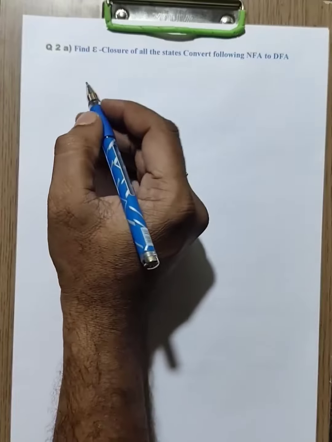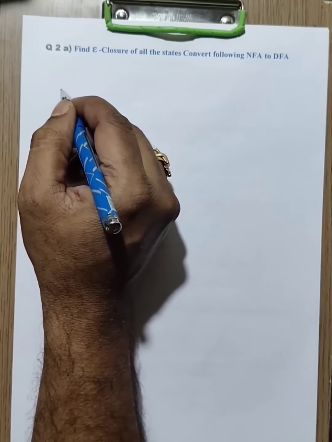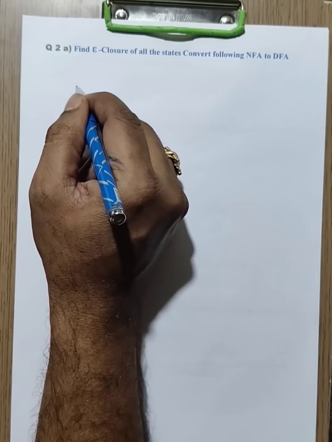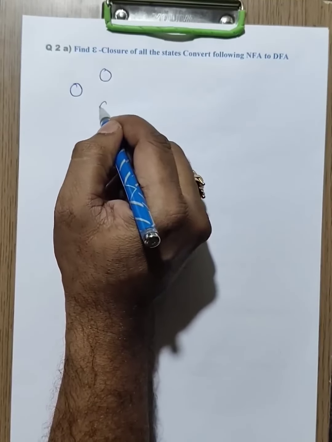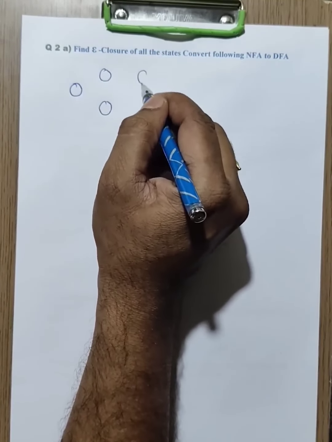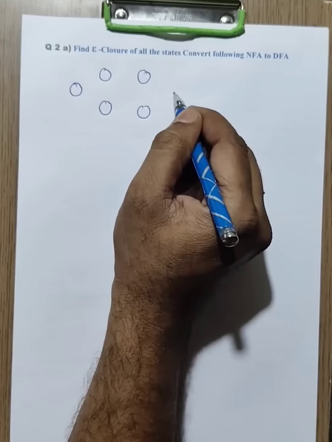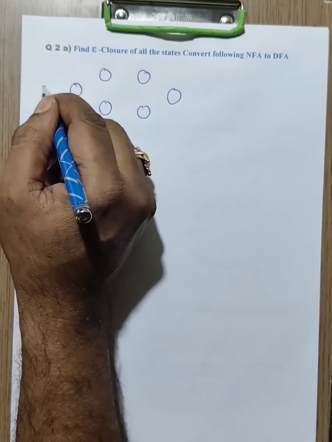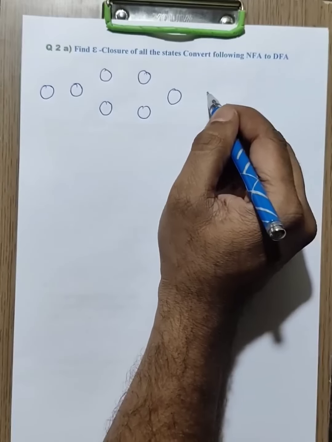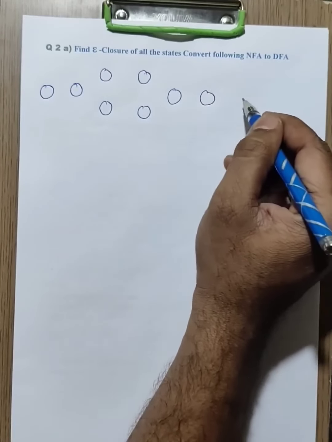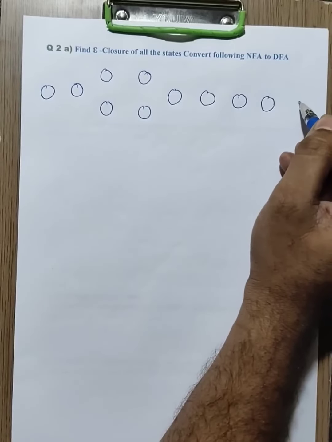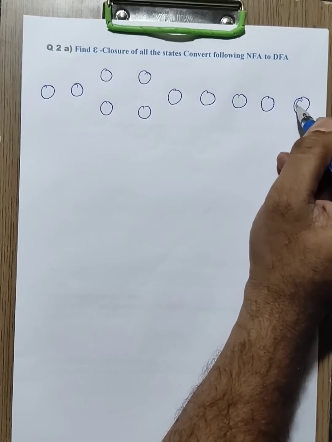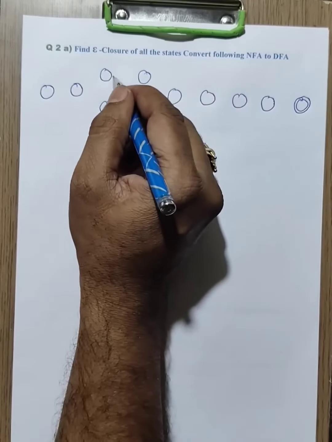First the epsilon NFA. This is the epsilon NFA. A, B, then this is the final state.